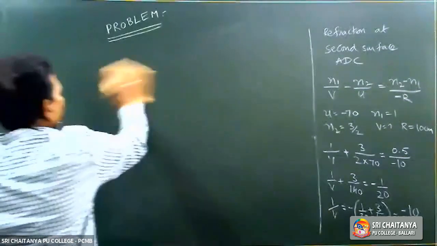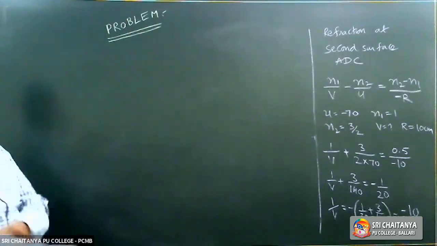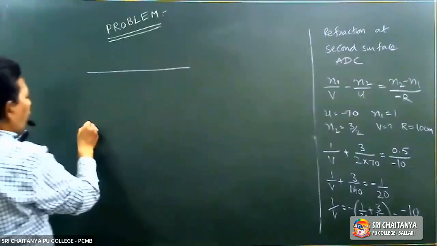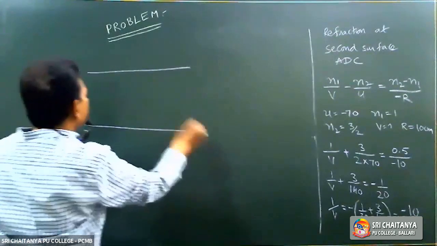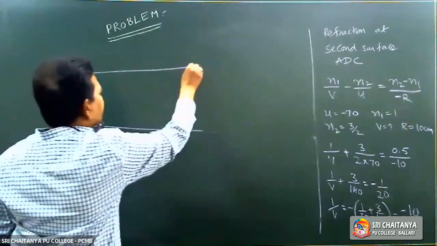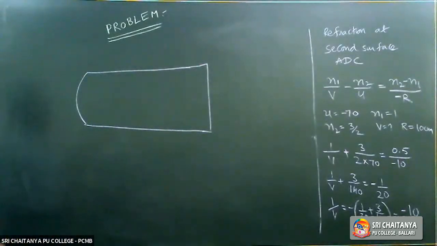So next problem, problem number 3, which includes two concepts. What are the two concepts? One, refraction at spherical surface. The second one, normal shift. This is a glass slab.